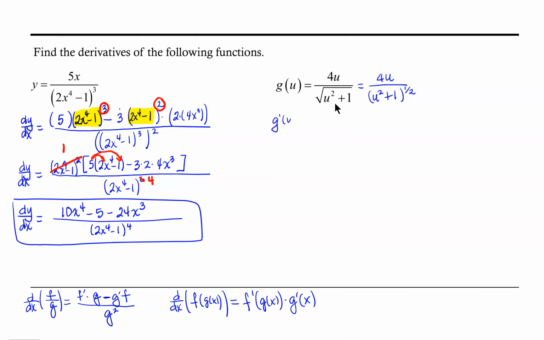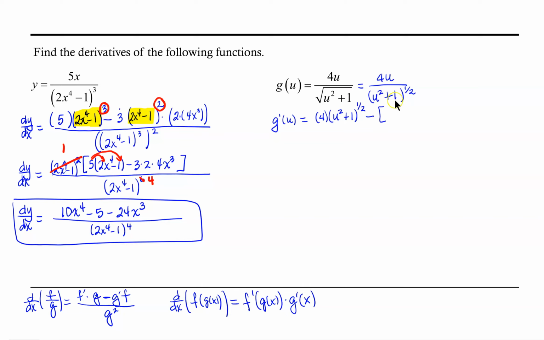So g prime of u, taking the derivative of the numerator from using the quotient rule, the derivative of the numerator is going to be 4 times the denominator, so u squared plus 1 quantity to the 1/2 power, minus the derivative of the denominator.